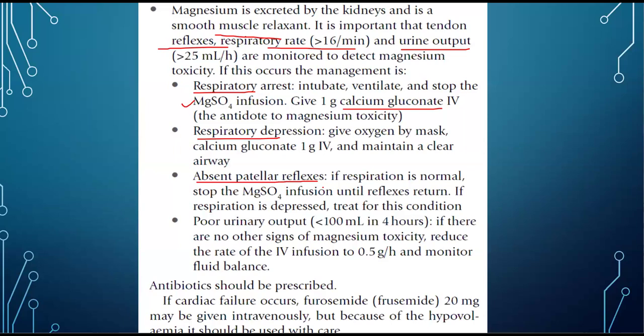For poor urinary output, if there is no other sign of toxicity, you will reduce the rate of IV infusion from 1 gram per hour to 0.5 gram per hour. This comes in the exam. They give you a magnesium toxicity scenario and then ask what you would do next.